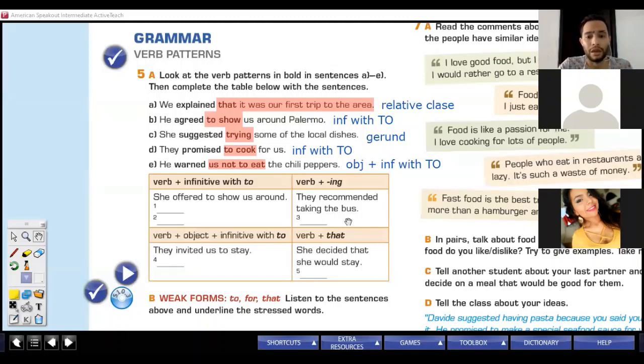You are very used to using pattern number 4, and you are also very accustomed to pattern number 1. Maybe number 3 is also possible, but the most difficult one might be pattern number 2. So we are going to make distinctions about how and when to use each of these two. So let's get down to it.